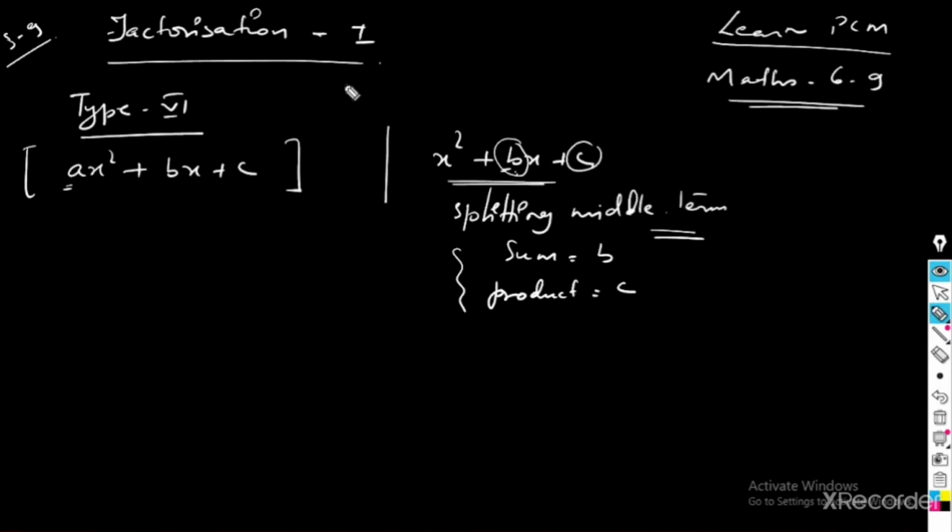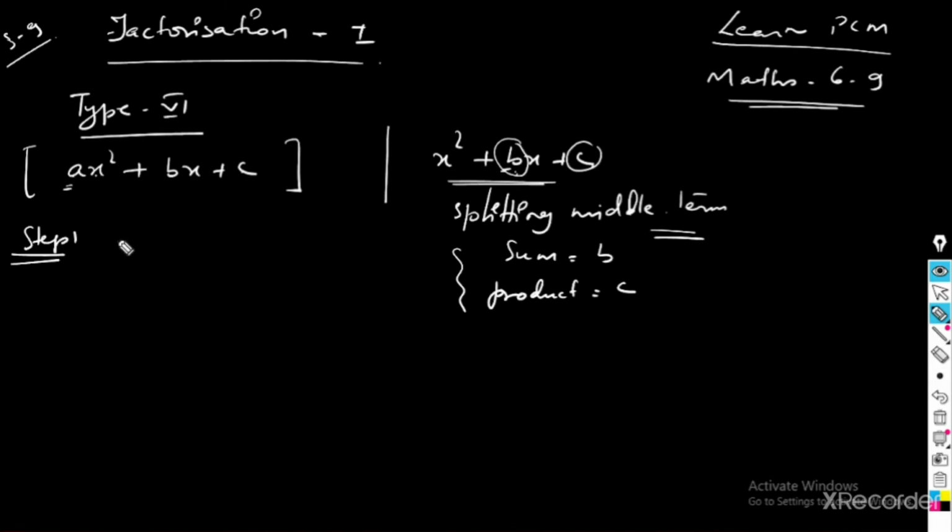The same thing is to be done here, but before finding the prime factors of this constant term, what new step are you going to include? You have to use one step ahead. The very first step is to multiply this with this. That is, multiply the coefficient of the square term with the constant term.